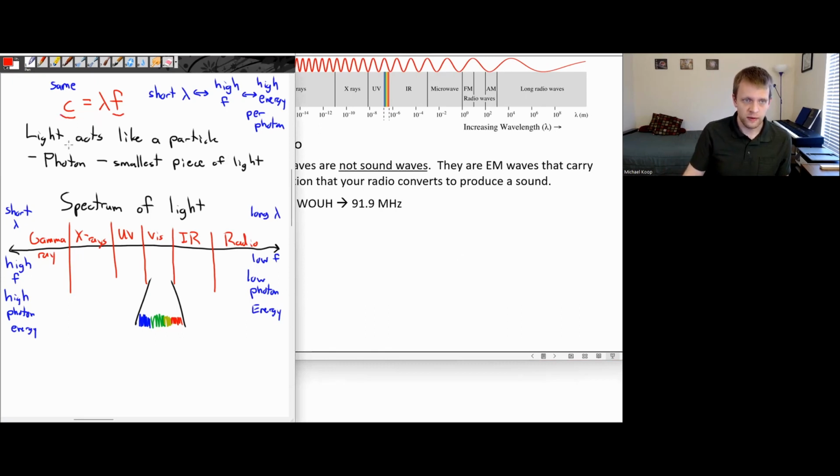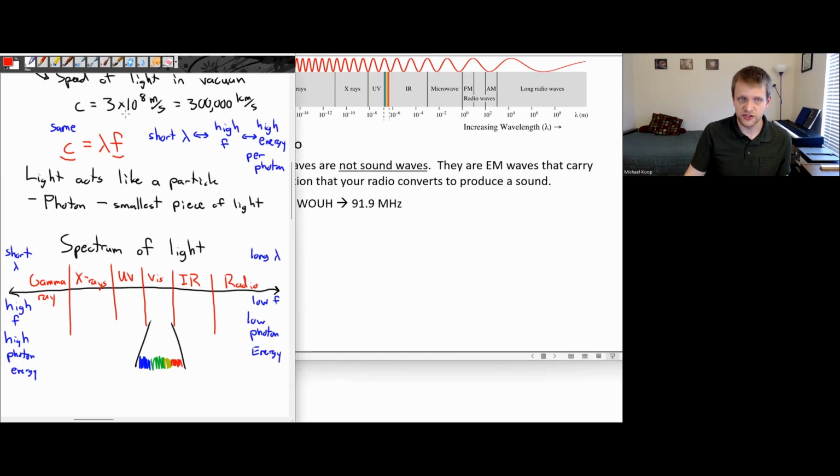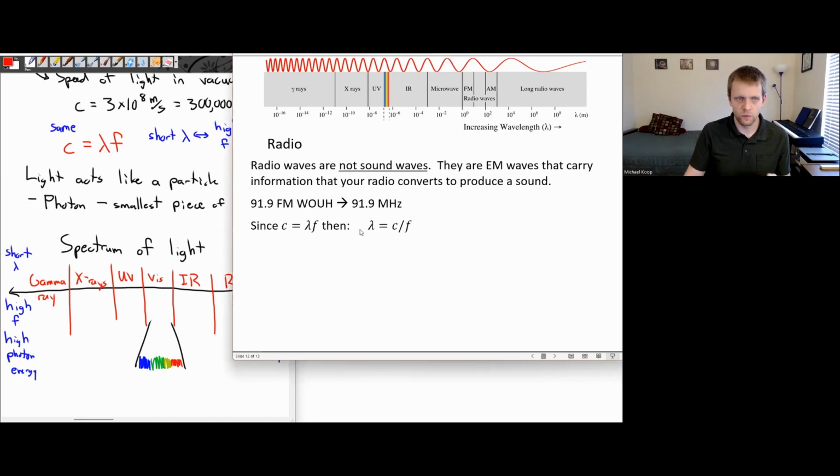We also know how fast light travels in a vacuum. It's 3 × 10⁸ meters per second. So we can use this to measure what the wavelength of this particular radio wave is. If I rearrange this equation and solve for the wavelength, the Greek letter lambda, that's the speed of light divided by the frequency.